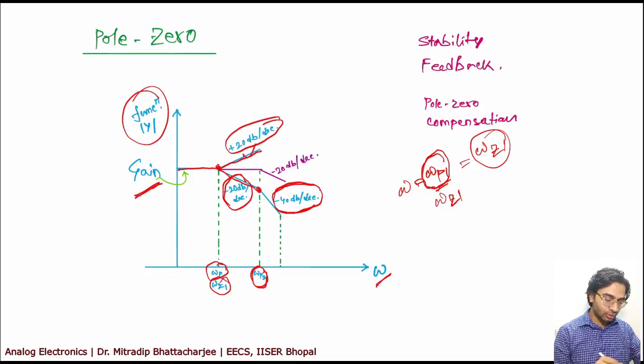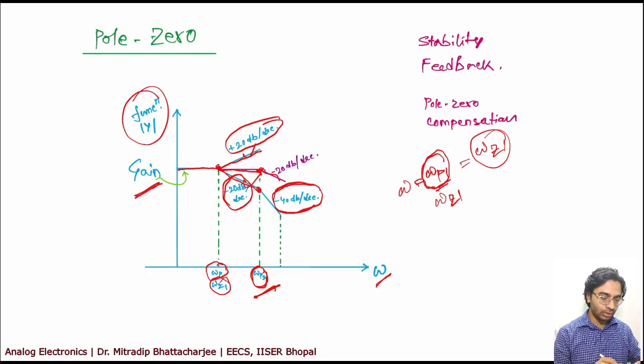Now if you consider these two curves, your pole is getting compensated by the zero and you will again get a constant gain up till WP2. At WP2 you have another pole but you don't have a zero, so your net decrease will again be minus 20 dB per decade.